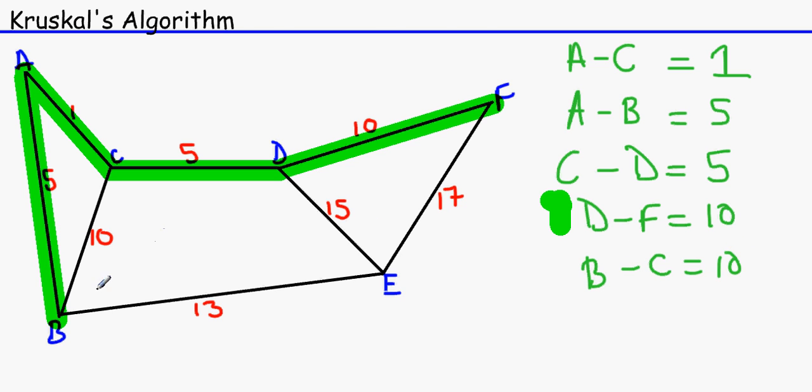But wait, if we do that, that's going to create a cycle, okay? Because you can literally go B, A, C, B, A, C, B, A, C. Just imagine Kruskal's algorithm is usually used for the national grid and such. So causing a loop in the national grid system is not going to be pretty good, is it?